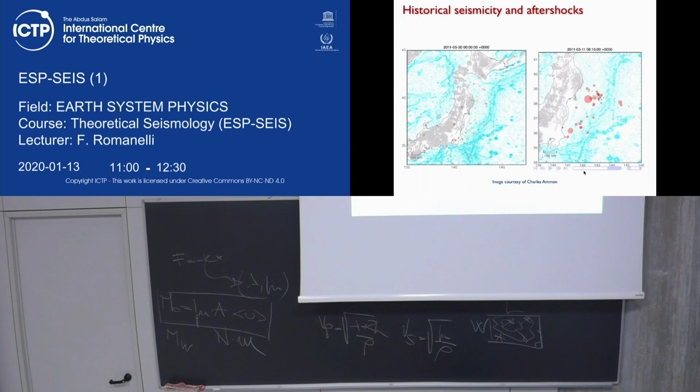You see that big balloon there? Okay. That's the main event of March 11. And then the stress was released, but locally there were many aftershocks. And some of them, you see, I cannot release my finger now, but you see, okay, here there was another balloon, that was an aftershock with a magnitude from 7 to 8.